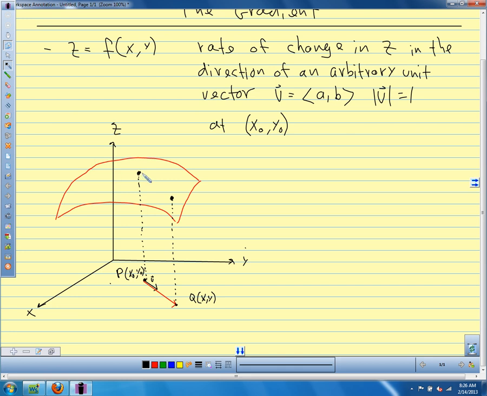As we move along, we get a little curve on the surface. This point is at f of x0, y0, and this point is at f of x, y. That's our z value.